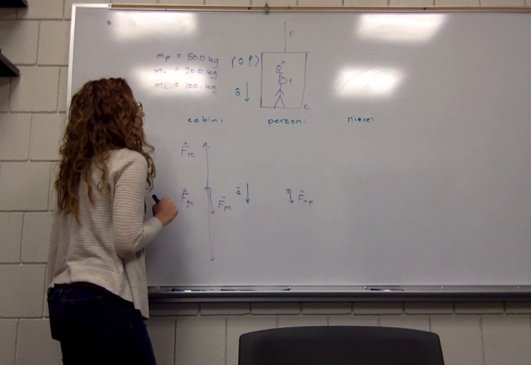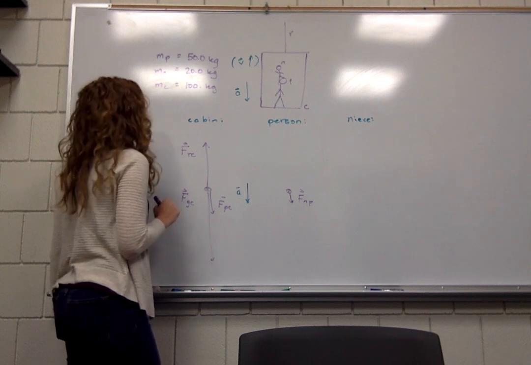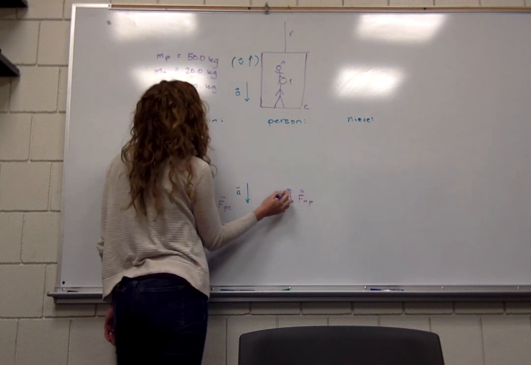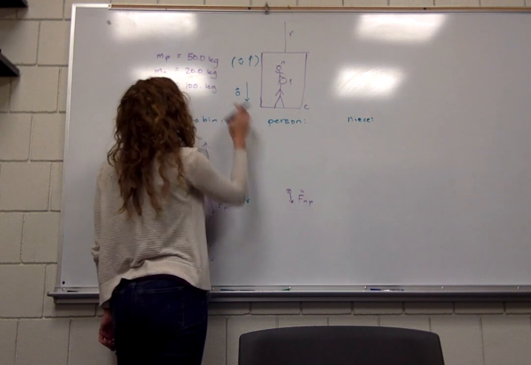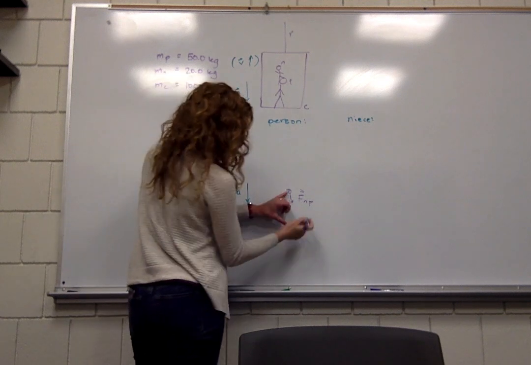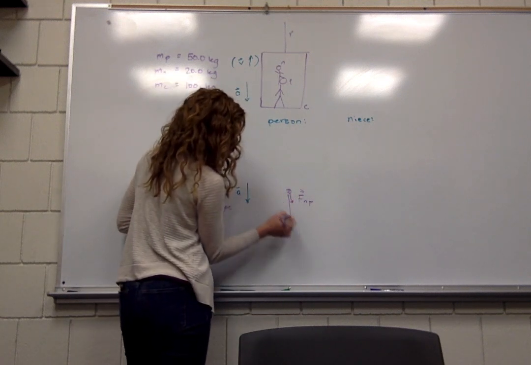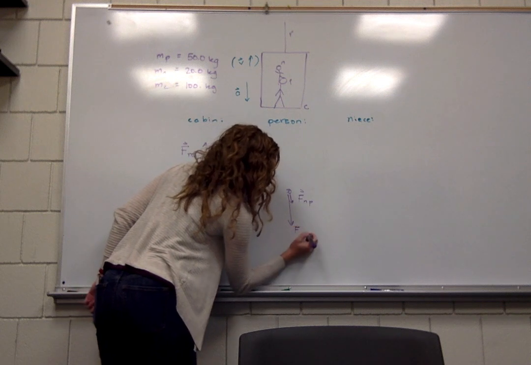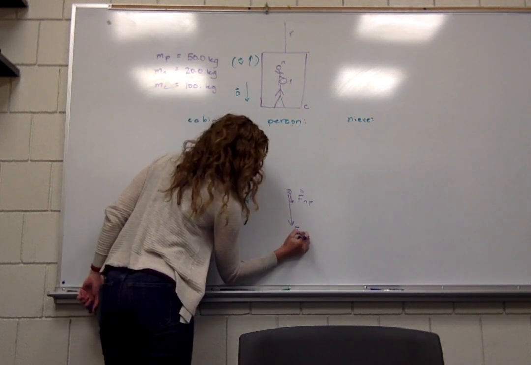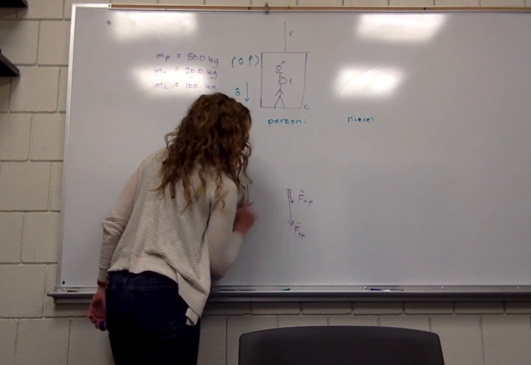And then the force of gravity on the person is going to be, let's see, about half the size of this one, roughly, I'm just approximating here. This is the force of gravity on the person.